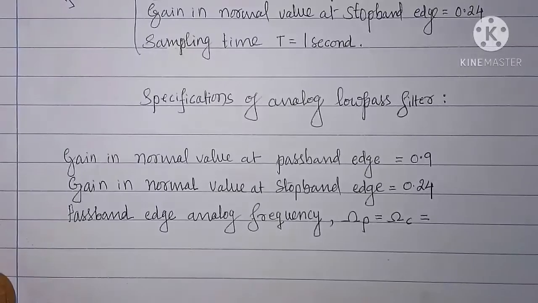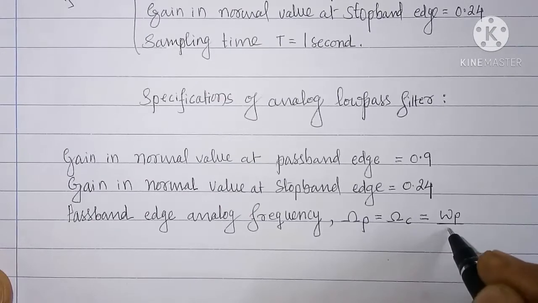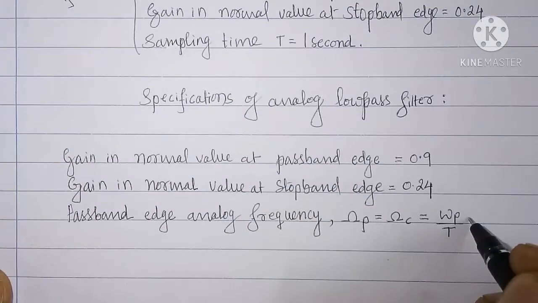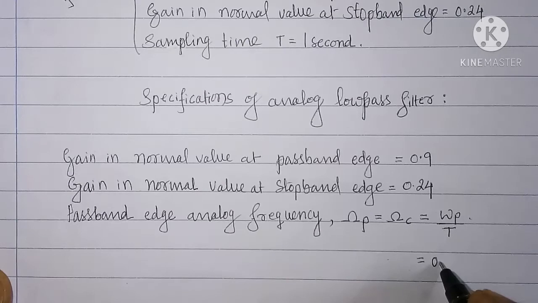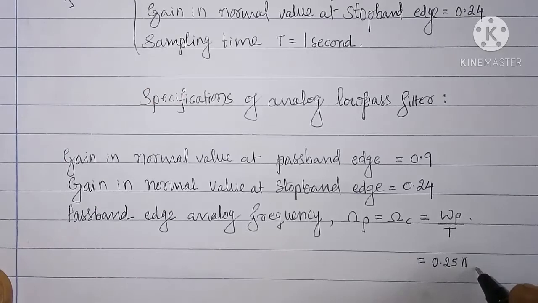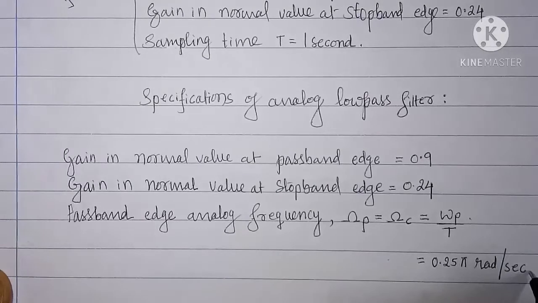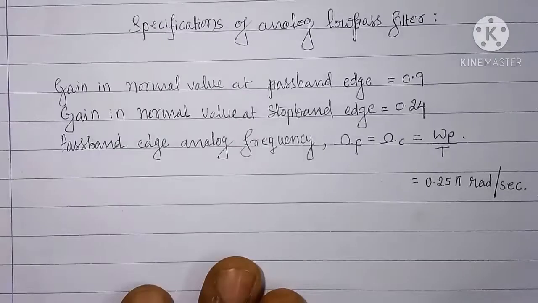That is equal to digital frequency by sampling time, that is capital T, which is equal to once again 0.25 pi radians per second. Unit of analog frequency is radians per second.